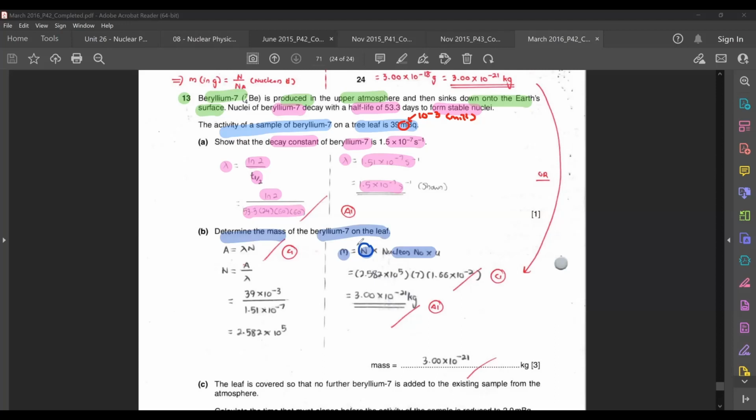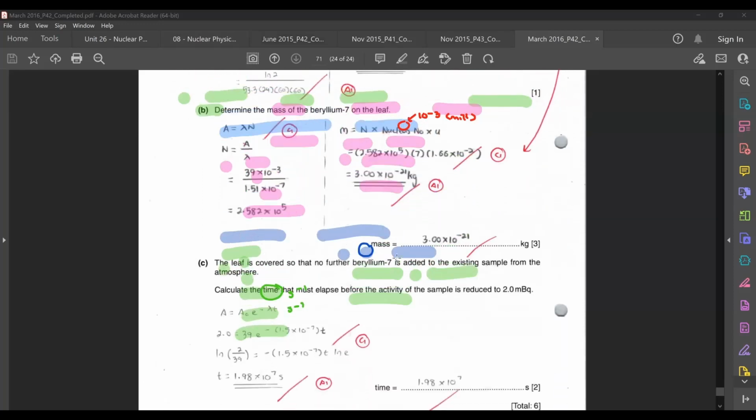To do that, when you're given activity, you need to use A equals lambda N. So sum in the values: activity being 39 millibecquerels, you need to make sure that the 10 power minus 3 is inside. This will then be per second, and you divide by a decay constant, which is also per second. You will have no issues from that. Eventually, your answer becomes 2.582 times 10 power 5. Sub it in and find the mass of your beryllium. Okay, this is pretty straightforward.